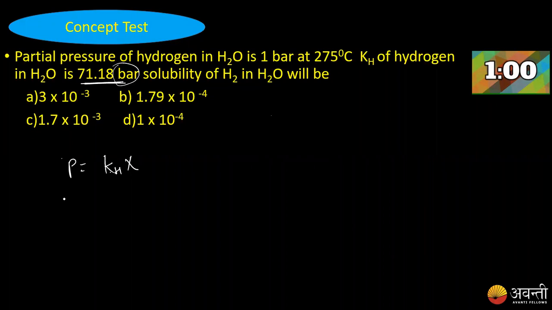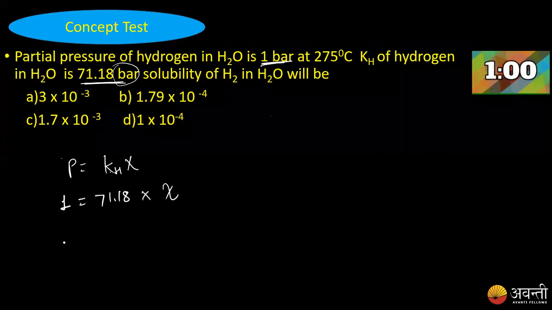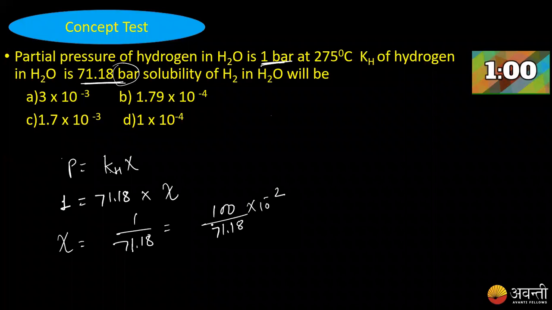The pressure of hydrogen over water is 1 bar. So that's 1, KH is 71.18, into X. That's what we have to calculate. So X is equal to 1 upon 71.18. When you solve this, it can be written as 100 divided by 71.18, right?